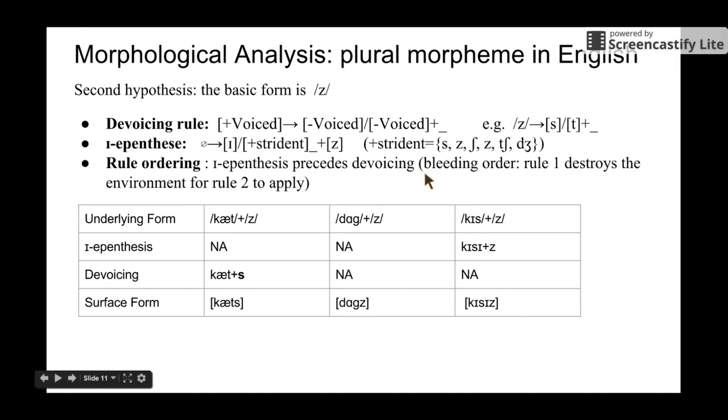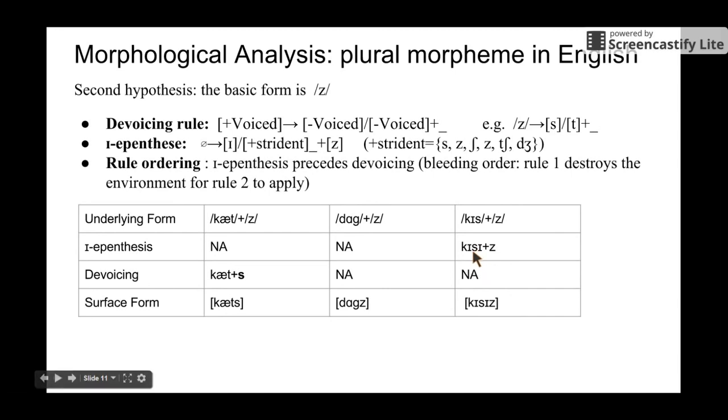Yeah, I forgot to tell you about this bleeding order. It's like the opposite of feeding order. So for bleeding order, the first rule will destroy the environment for the second rule to apply. So here, the vowel insertion will destroy the environment for the devoicing rule to apply, right?